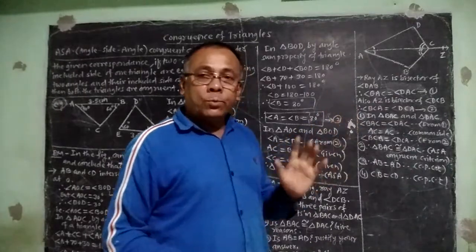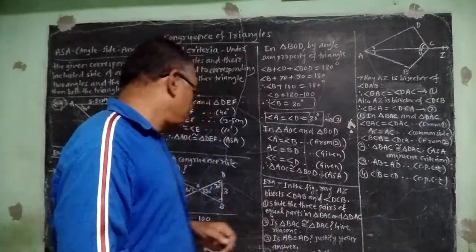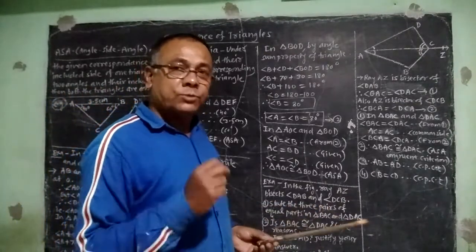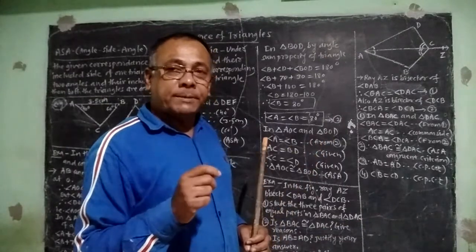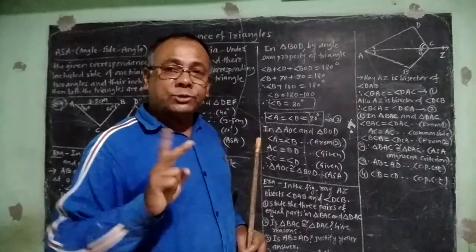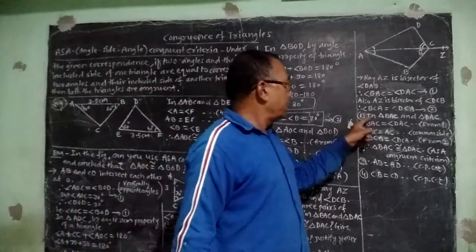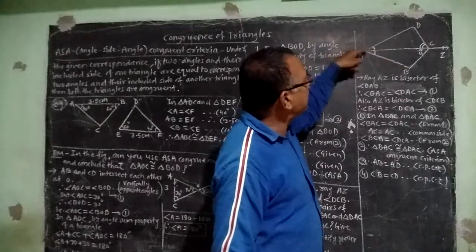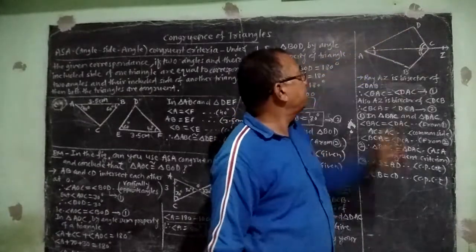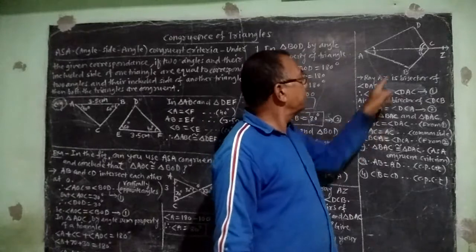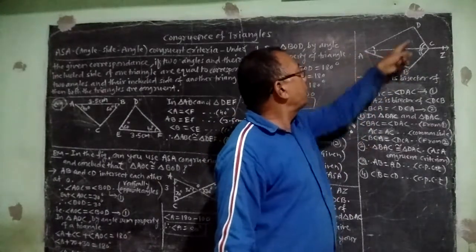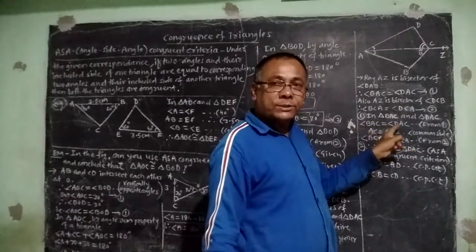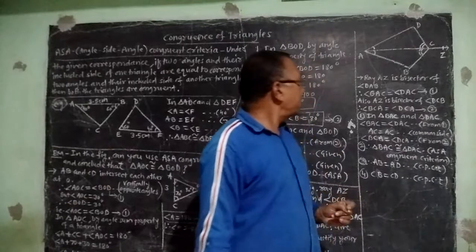Our question is, state the three pairs of equal parts. Means we have to state the three pairs of equal parts. So here in triangle BAC and triangle DAC, we get angle BAC equal to angle DAC from equation number 1.